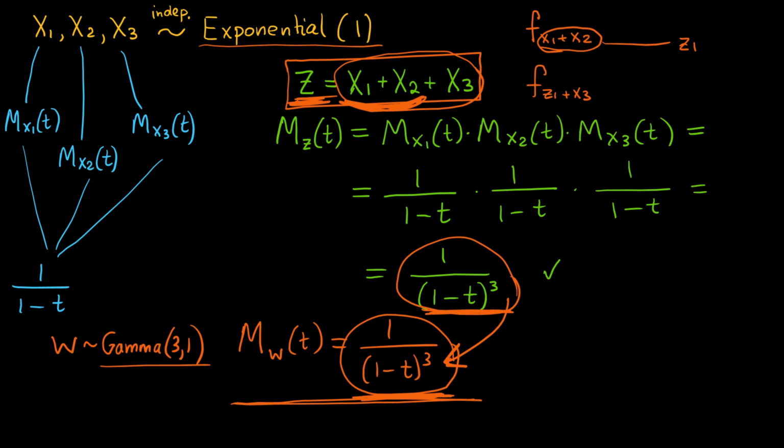Or we could have approached this in the CDF world, where we could have investigated the CDF of X1 plus X2 plus X3, and we will have found the same thing, that the CDF of the sum happens to be the same as the CDF of the gamma 3,1 distribution, and therefore this sum has the gamma 3,1 distribution.